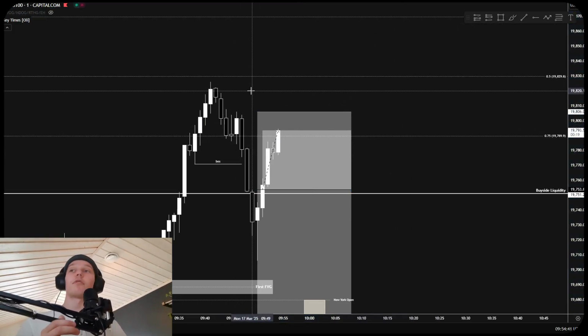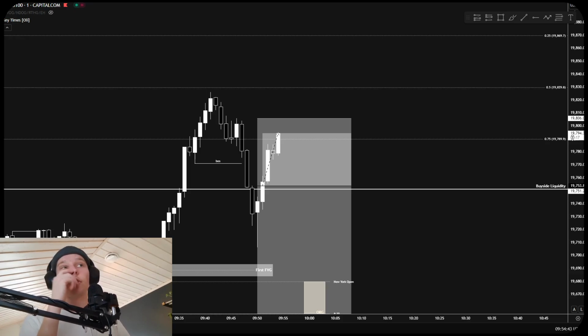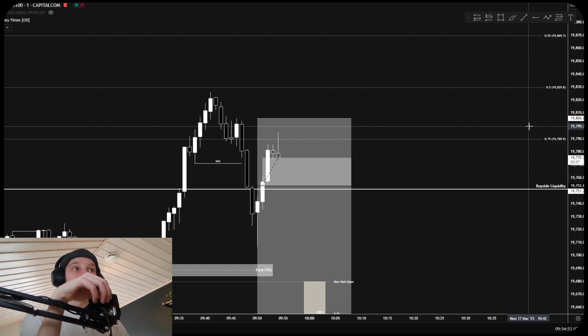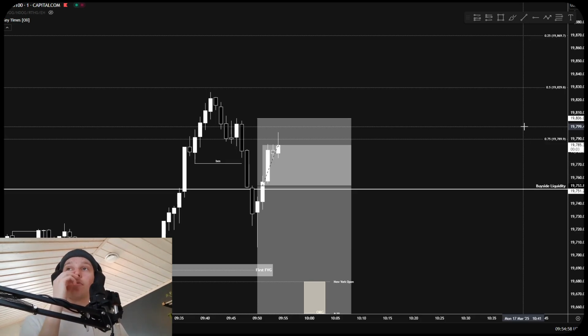So my stop loss is probably going to get triggered here, which is fine. I'm probably willing to take another 0.5% risk trade here, so I'm willing to lose around 1% a day.